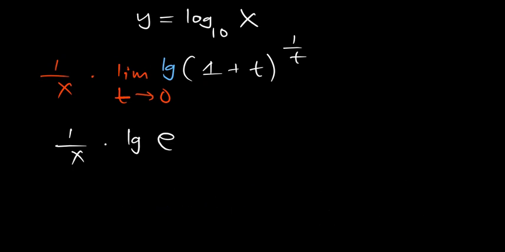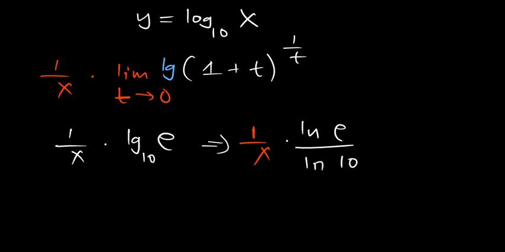Now unlike the previous one where there were inverses, here we can just put a 1, so the answer can be 1 over x. Well, we've done the changing of bases, so I want to change the base to natural log. So 1 over x, changing the base would be, this is having a base of 10, so it's going to be the natural log of e divided by the natural log of the base that you're dealing with, 10.